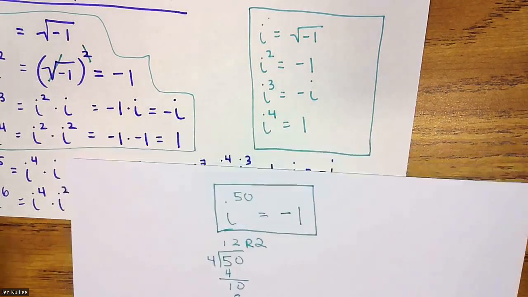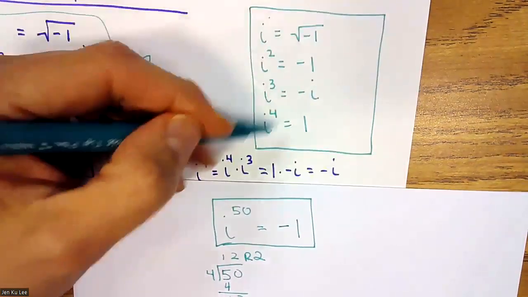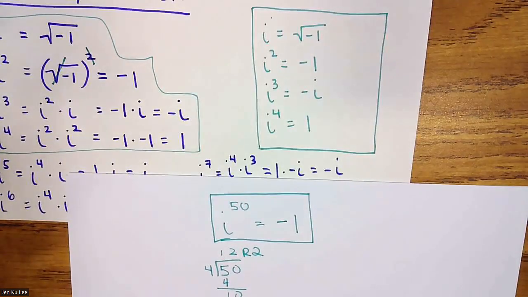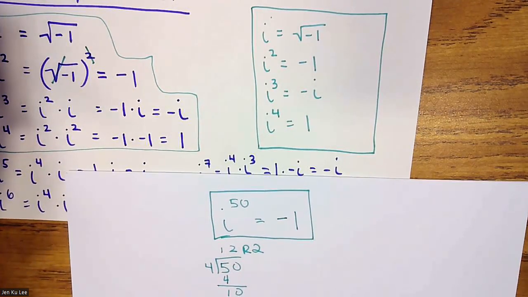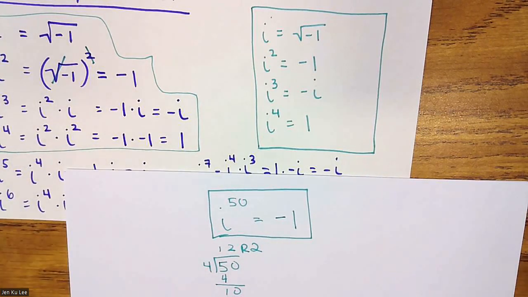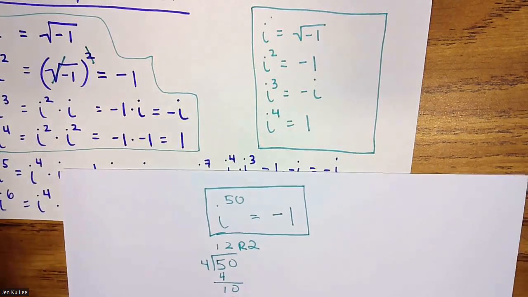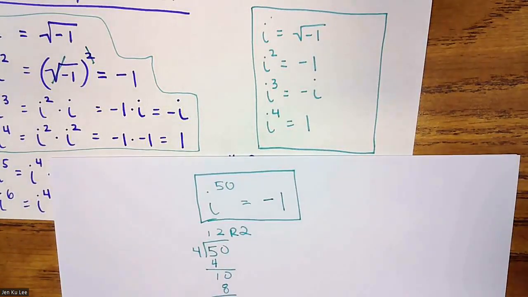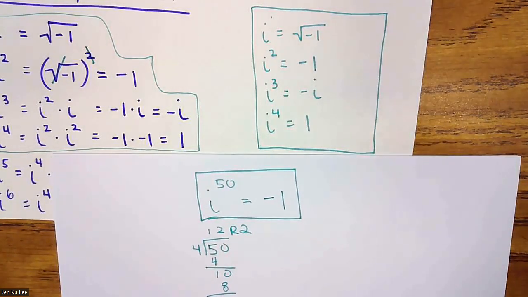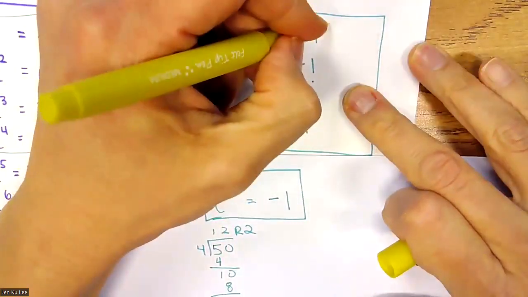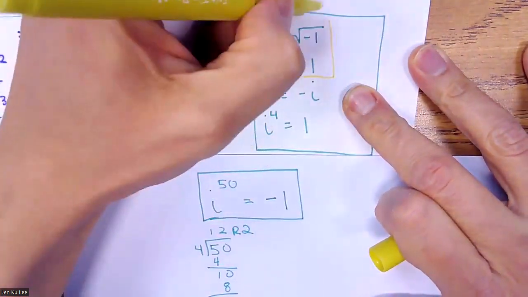We just use this pattern to figure it out. Okay? The important part about this pattern, and what we're going to use to solve, going back to solving quadratic equations, are just these two.